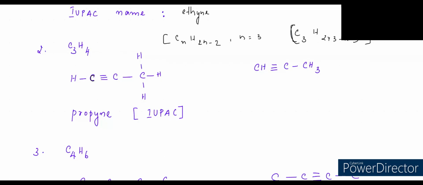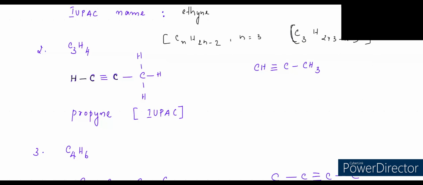Therefore, I just need one hydrogen. For the second carbon, three bonds are formed on the left side. I need only one more bond. The third carbon, one bond is formed on the left. So the other three valencies are satisfied with hydrogen.